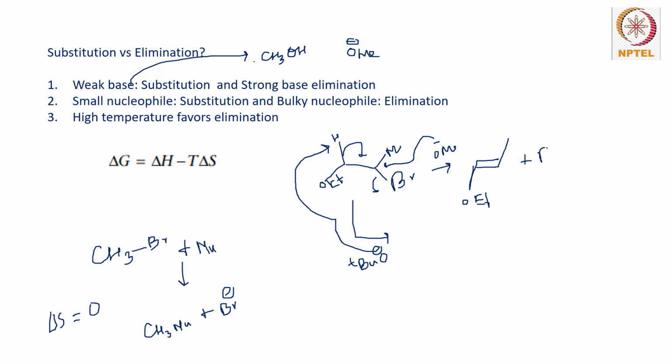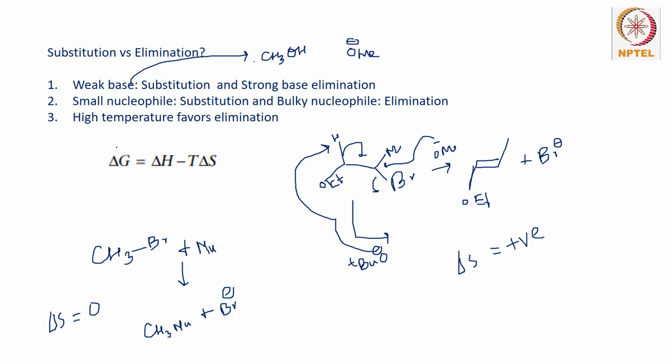So here the delta S is equal to 2 minus 1, so it is positive. So here the delta S is positive as entropy is increasing. When this delta S is positive, and the temperature is also positive, then this entire term, minus T delta S, will be negative.